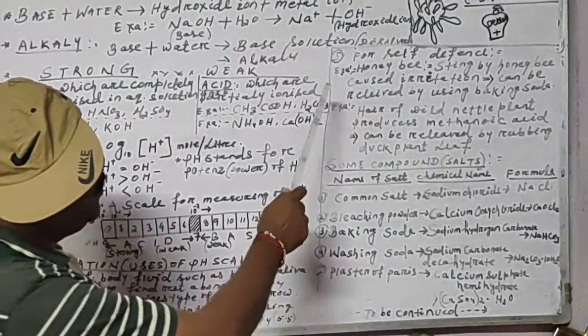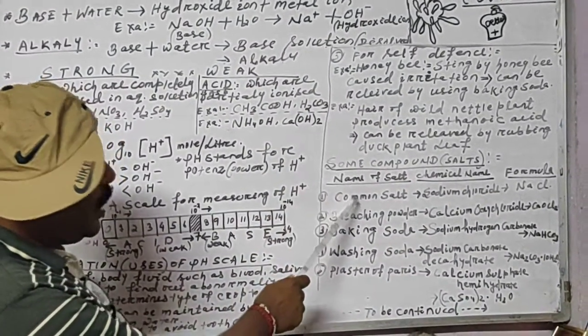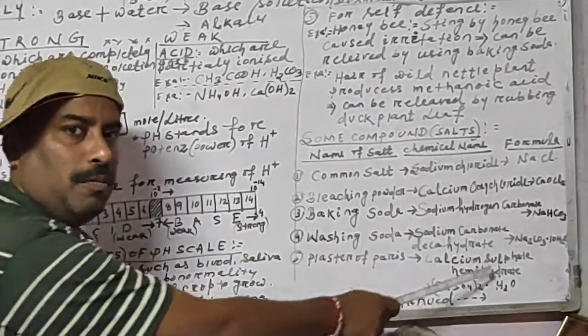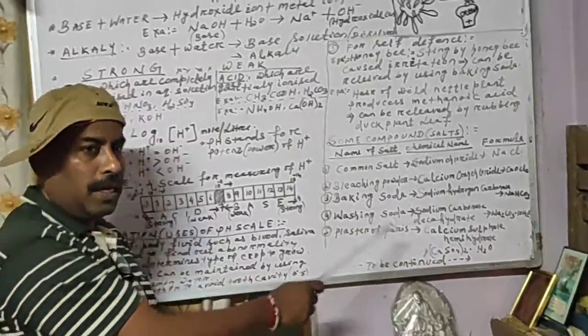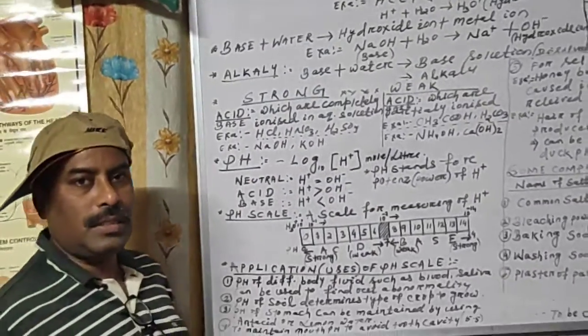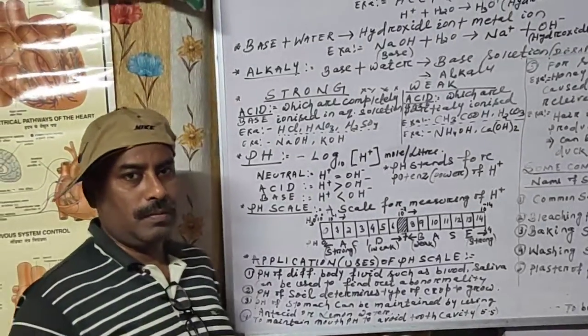Then we have to come to some chemical compounds, their chemical names and chemical formulas. Okay, let us come. First point, what happens when acid reacts with water?